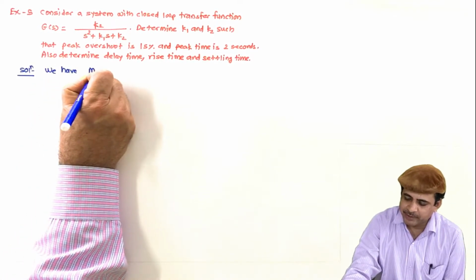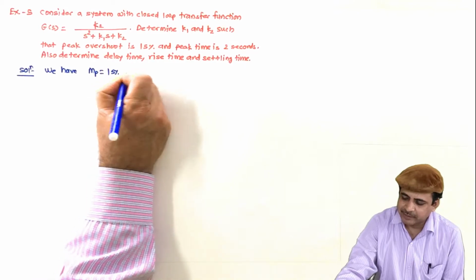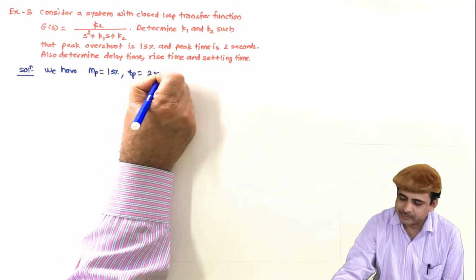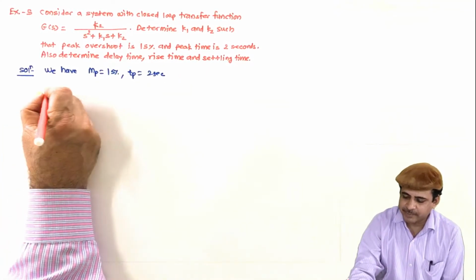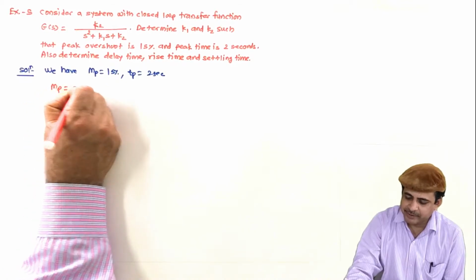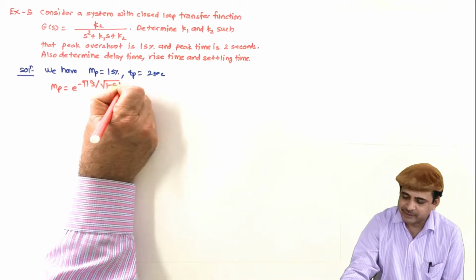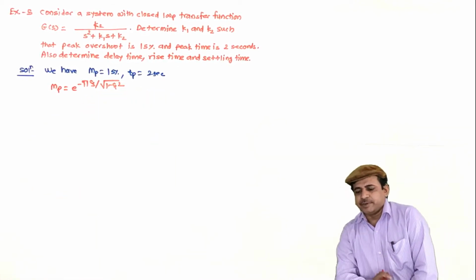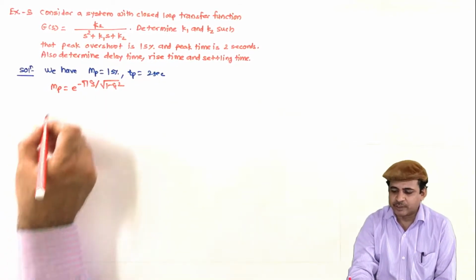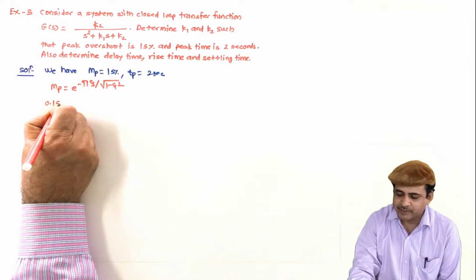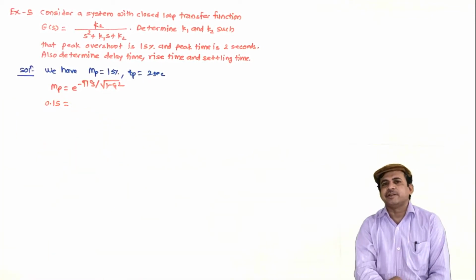We have MP equal to 15% and TP equal to 2 seconds. So what is MP? MP is e raised to minus pi zeta upon under root 1 minus zeta square. And here MP given is 15%, means we have to take 0.15. A common mistake by students is students are taking here 15.